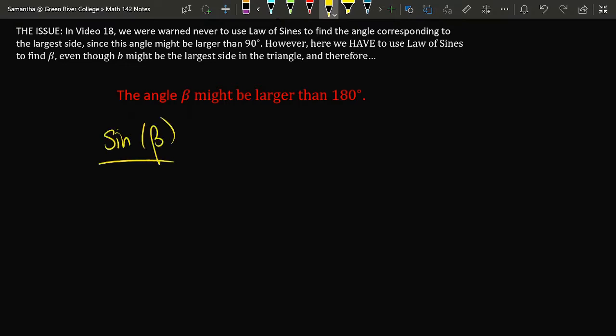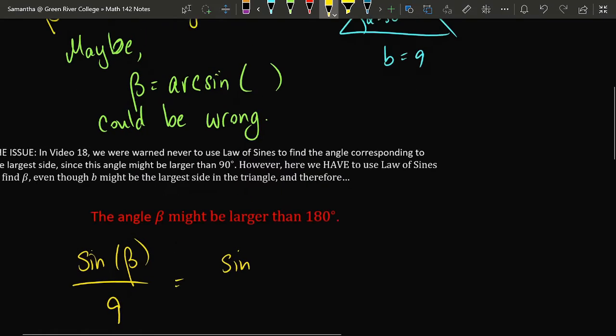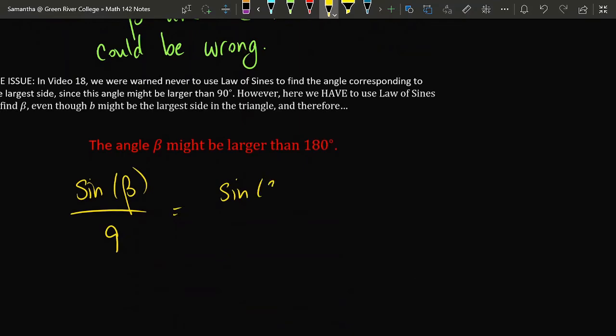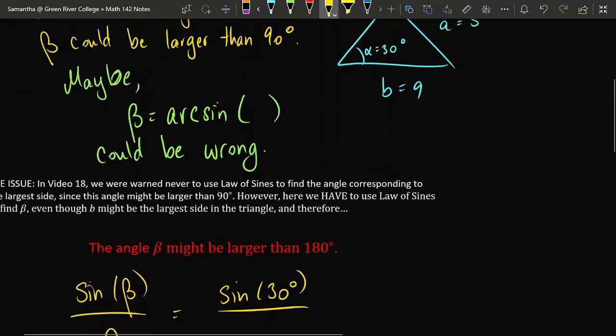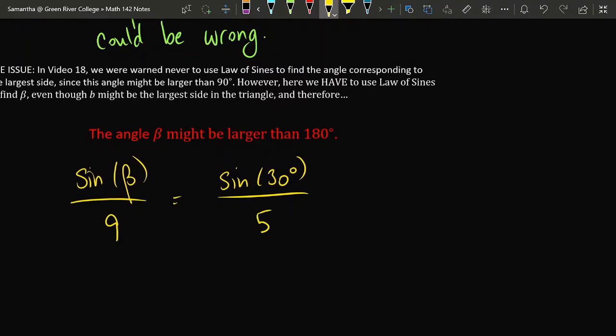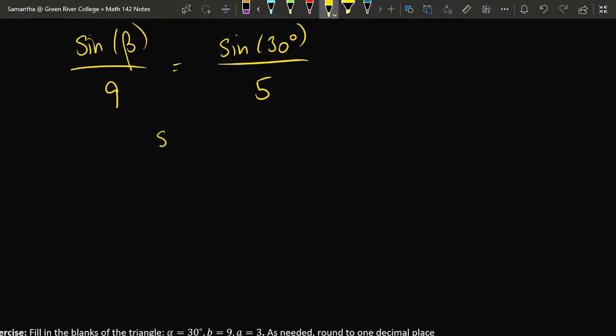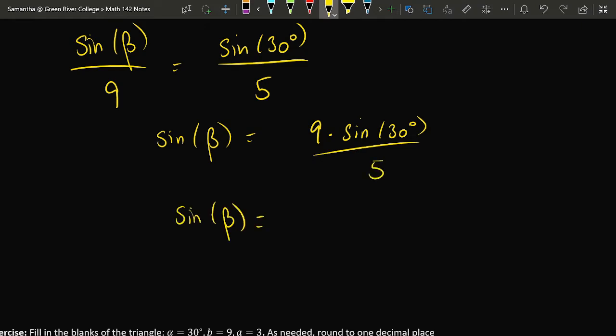Sine of beta over the side length B, which is 9, equals sine of alpha, alpha being 30, over the corresponding side length, which is 5. So therefore, sine of beta is some angle at which sine outputs the value 9 times sine 30 over 5. Looks like beta is some angle at which sine outputs the value 0.9.